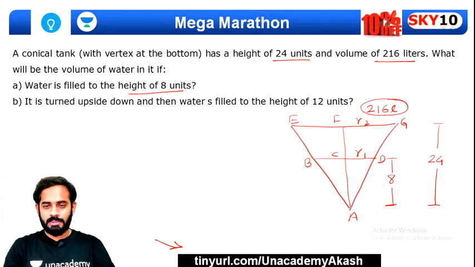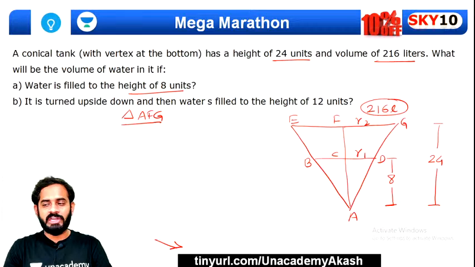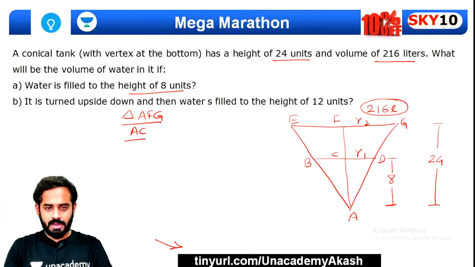Okay. Now in the triangle AFG, according to proportionality theorem, what you can write is AC upon AF is equal to R1 upon R2.